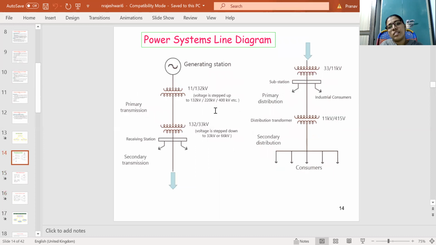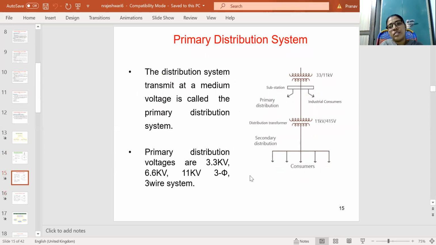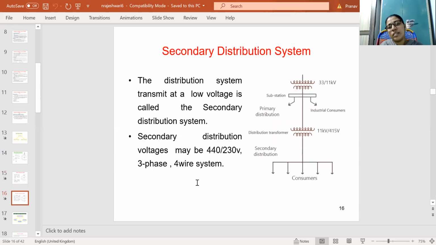In primary, it is a three-phase three-wire system, but in secondary distribution, it is a three-phase four-wire system. This is given to the consumers. For their requirement, 440 volts, and for home purposes a single phase supply is needed, so 230 volts is used for houses.